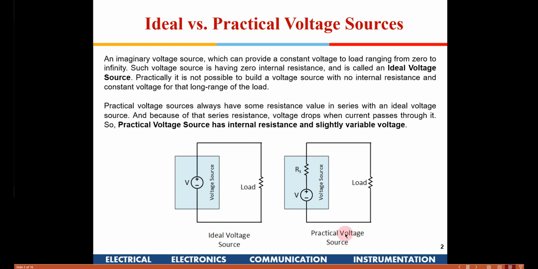Also, no practical source can provide infinite current. After a certain value, the capacity of the practical source to provide current stops. Beyond a certain limit it won't be able to provide current. Like here, if you have a 10 volt source and you connect a few nano ohms load, it has to provide current, right, for an ideal source.